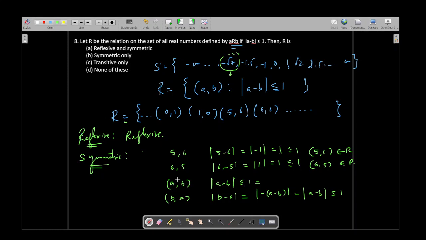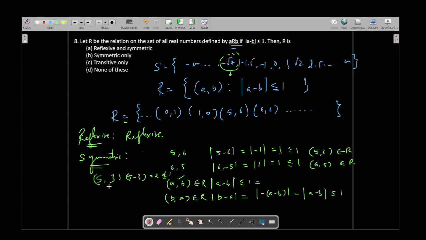Hence for every A comma B in the relation R, B comma A should be present. If I take, let's say, 5 and 3, then 5 minus 3 is 2. 2 is not less than or equal to 1.